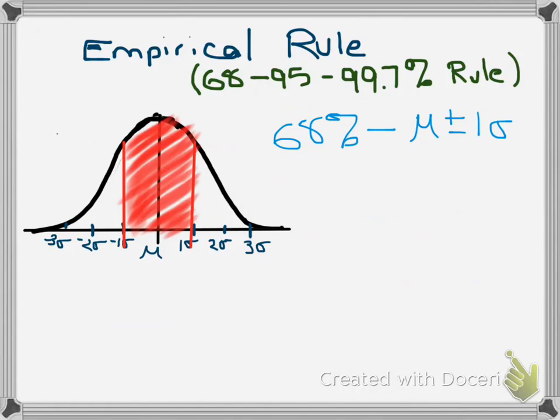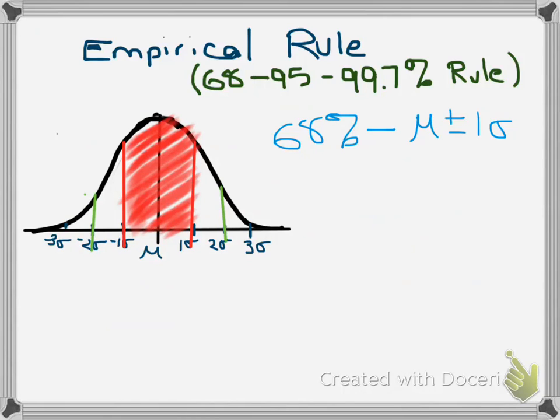And then, if we go out a little bit further, if we go out 2 standard deviations above and below the mean, we find that we have 95% of the data.